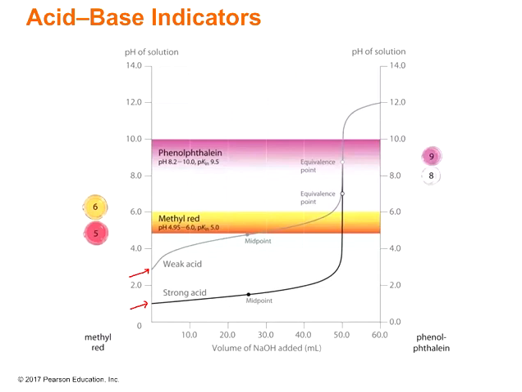And you can see that for the titration of a strong acid with a strong base, the equivalence point is 7. And then for the titration of a weak acid with a strong base, the equivalence point is a little higher than that. So it's around, let's see, 9.